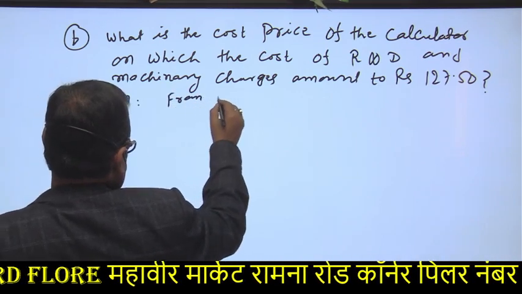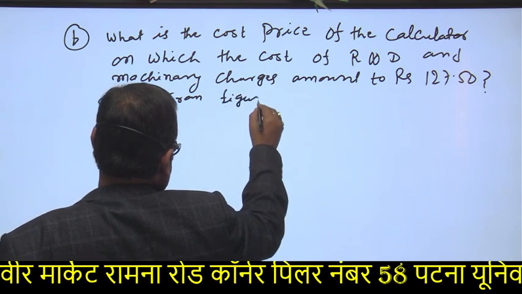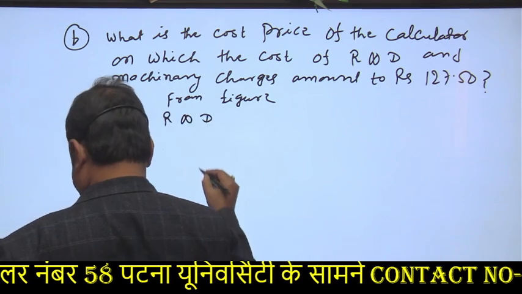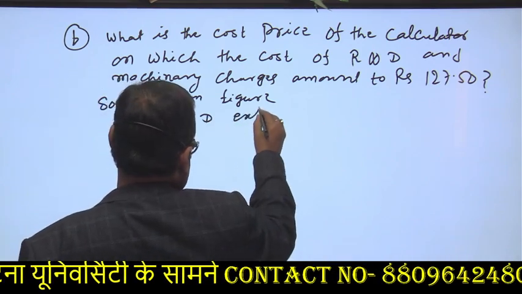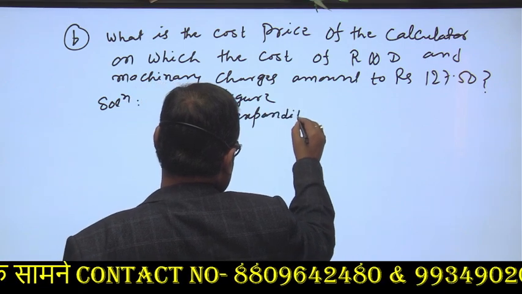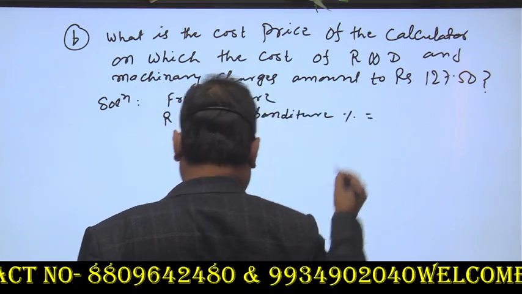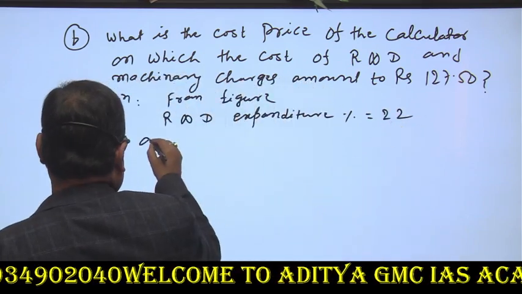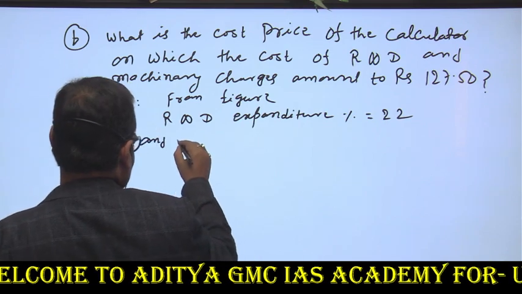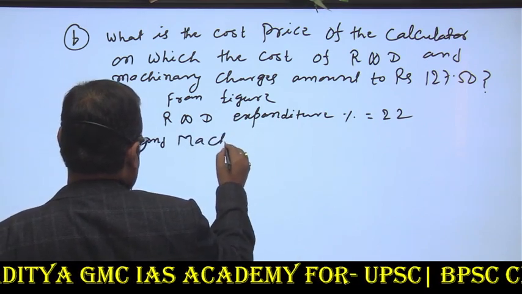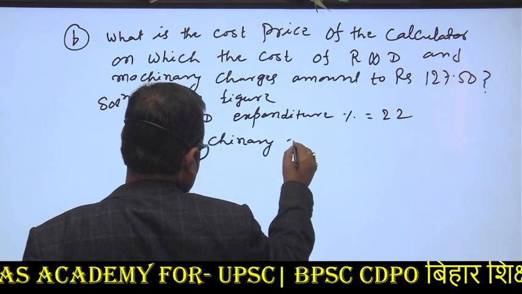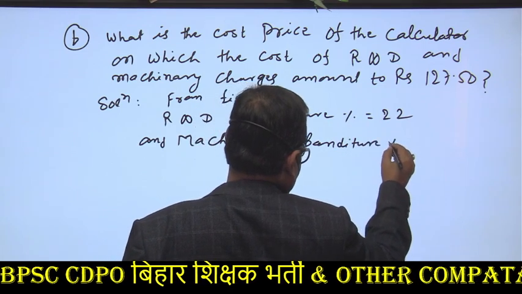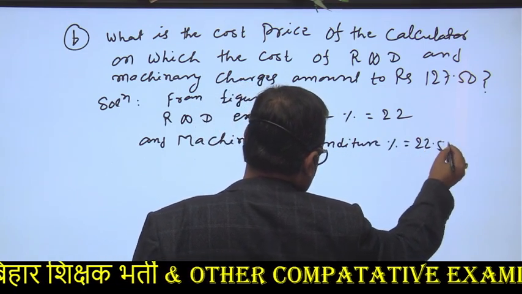From figure, R&D expenditure percent equals 22%, and machinery expenditure percent equals 22.5.